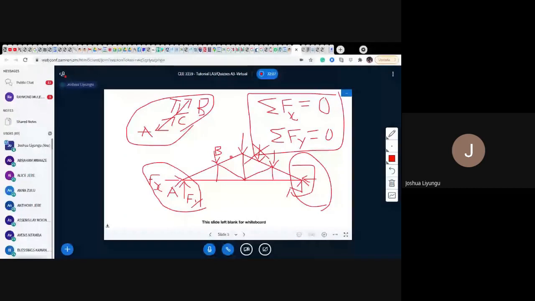The zero force member can be known just by inspection. Don't assume that this is a zero force member. No, you only inspect whether this member is a zero force member or not. It is by inspection.